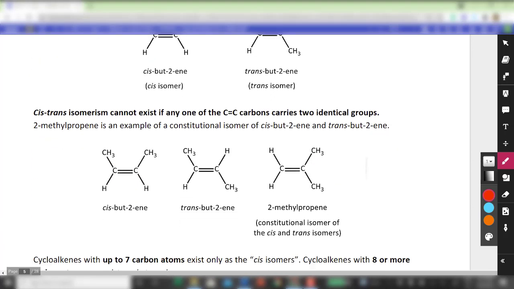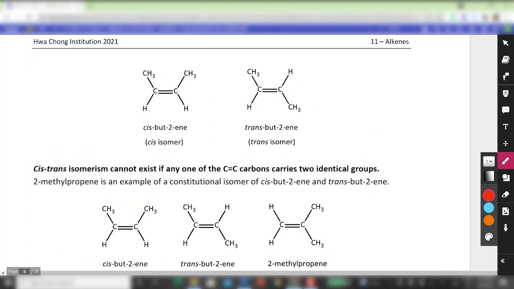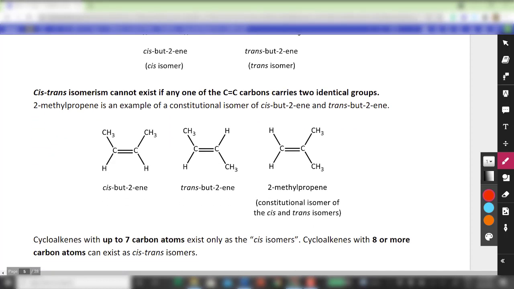Cis-trans isomerism, I think we have discussed in the isomerism lecture. We won't go into it again. But remember that one important condition is that the CC double bond, in order for you to exhibit cis-trans isomerism, the sp2 hybridized carbon cannot have identical groups. In the case of 2-methylpropene, I have a CH3 over here and an H which is similar.